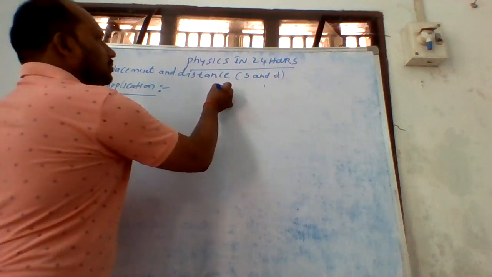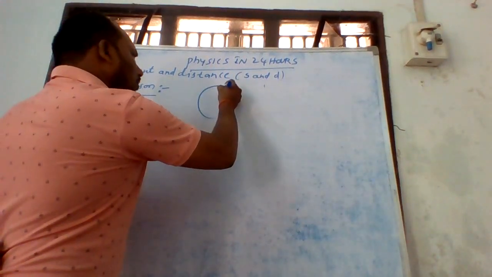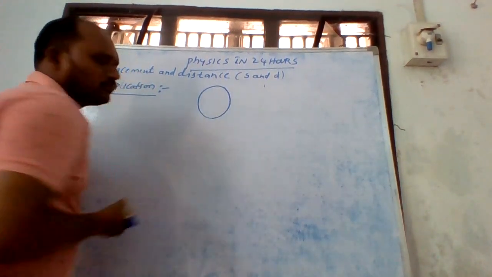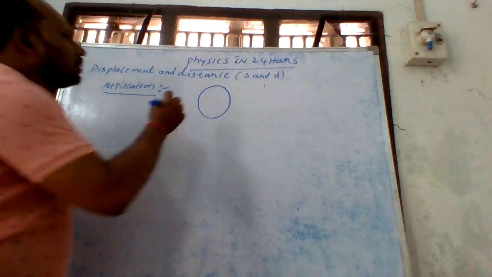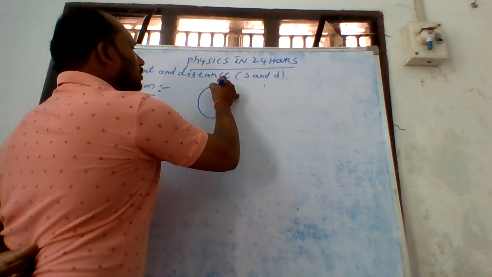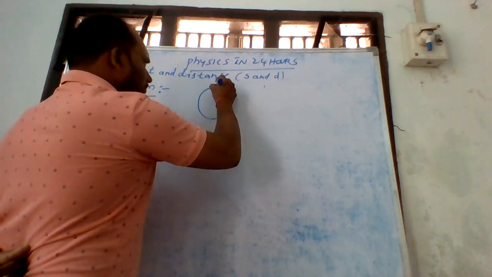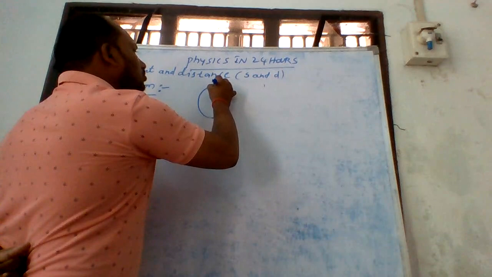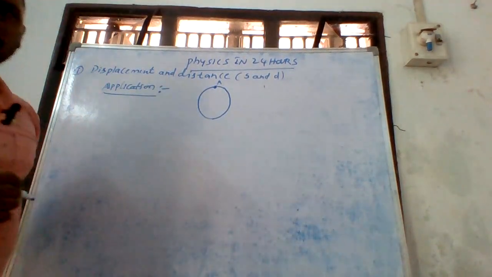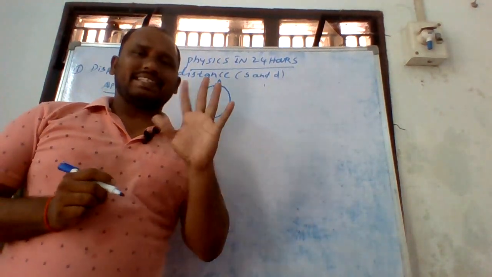Let's take one circle. My starting point here, let us say A, and I come to the same point. My source and destination are the same.